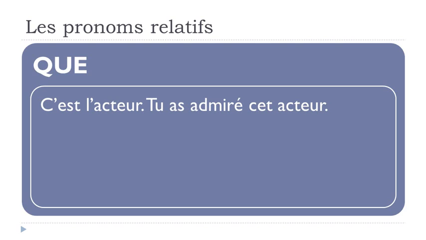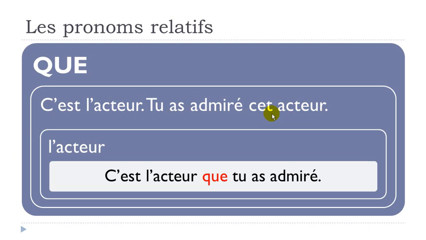So let's have a look first, and it will be quite easy because it is here. Have a look, c'est l'acteur, tu as admiré cet acteur. So here you've got the passé composé form, okay? But then it's the masculine. So normally it shouldn't be a problem if we look at the sentence. C'est l'acteur que tu as admiré.